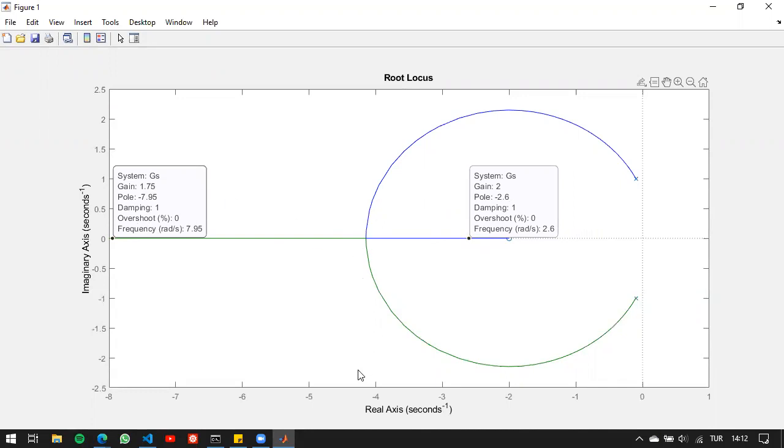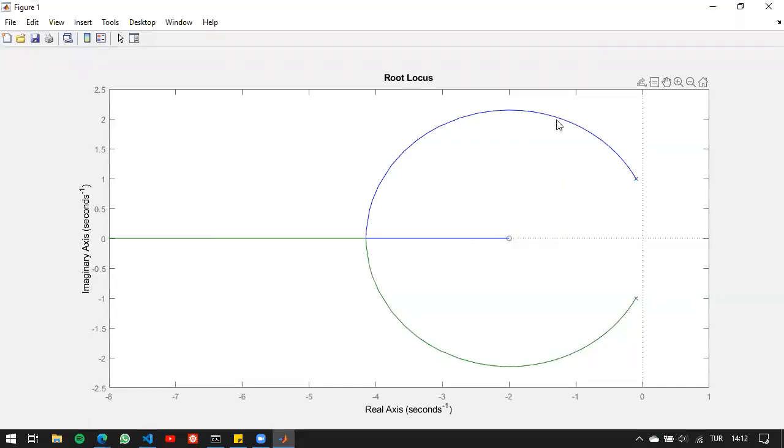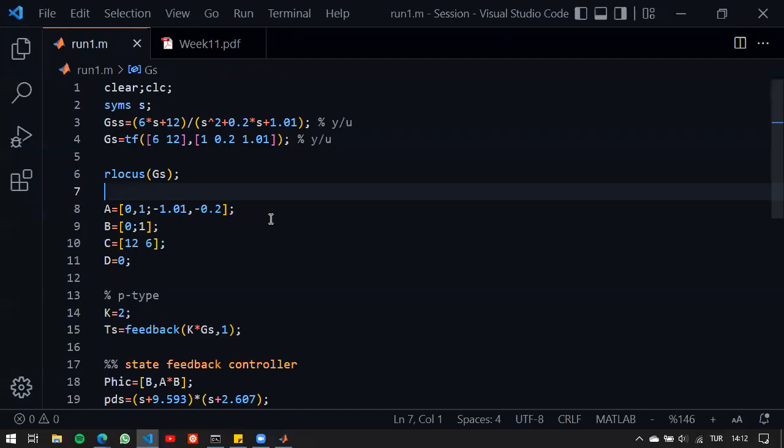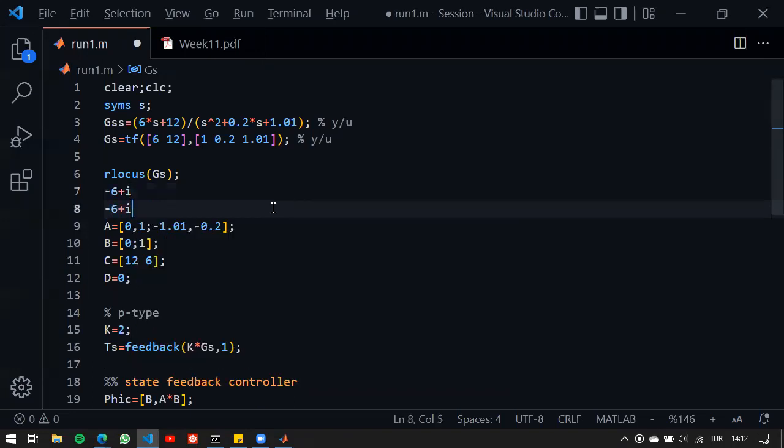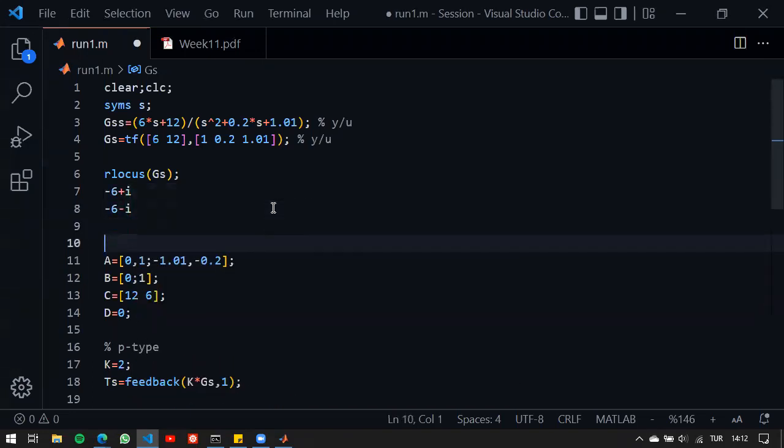So let's try something interesting. I might also choose this point here, but it's not really that important. Let's choose minus 6 plus and minus 1i. So what happens if I choose that? So minus 6 plus i and minus 6 minus i. So these will be my roots.